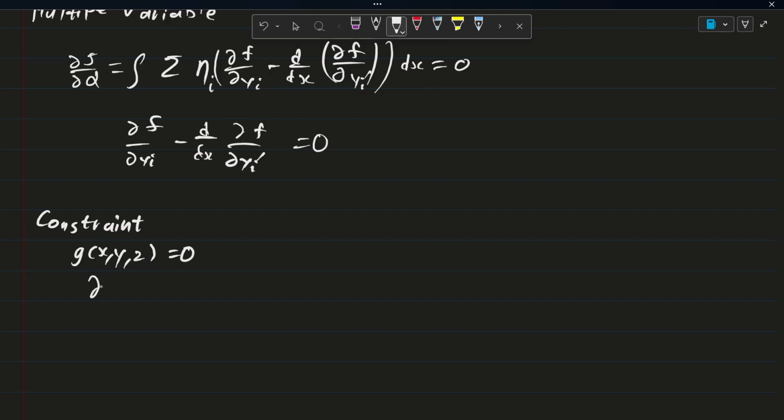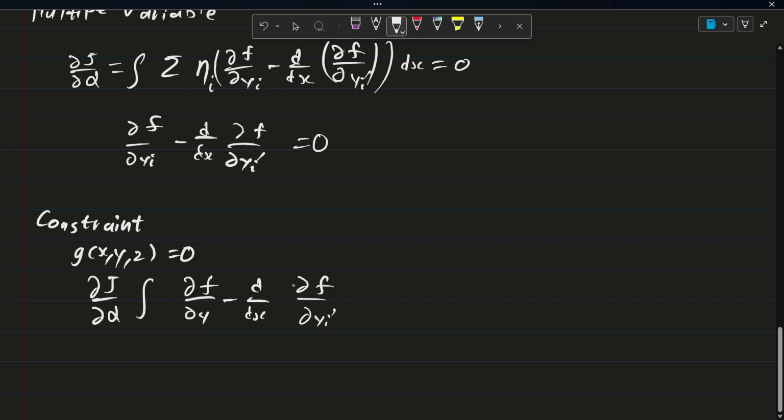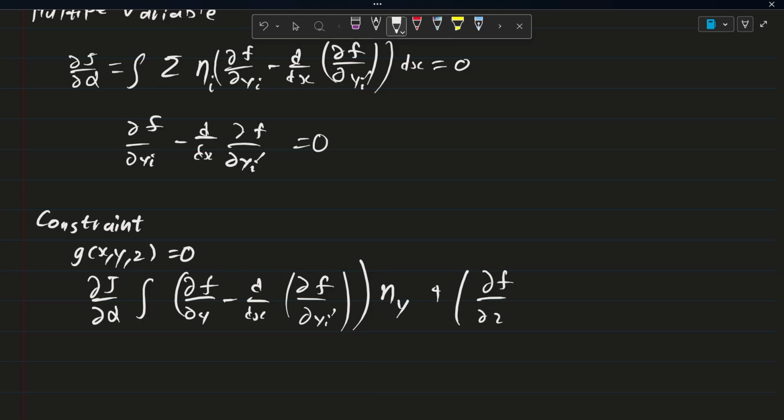So we can rewrite the partial J over partial alpha first. It's the integral of partial f over partial y minus d over dx partial f over partial y prime, multiplied by eta y, plus partial f over partial z minus d over dx partial f over partial z prime, times eta z, dx, like so.